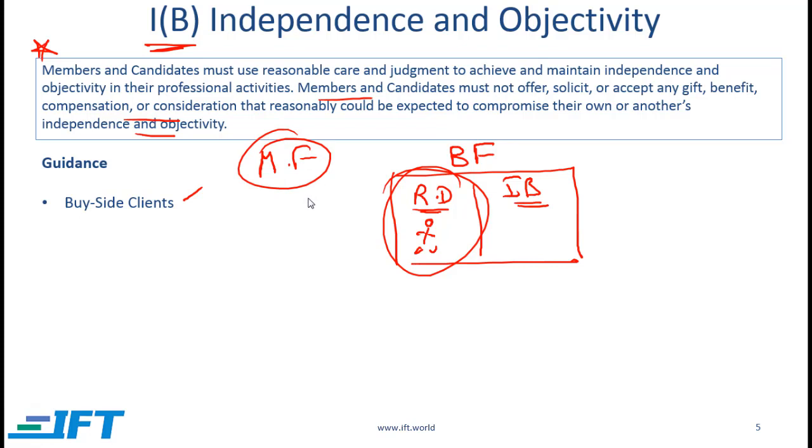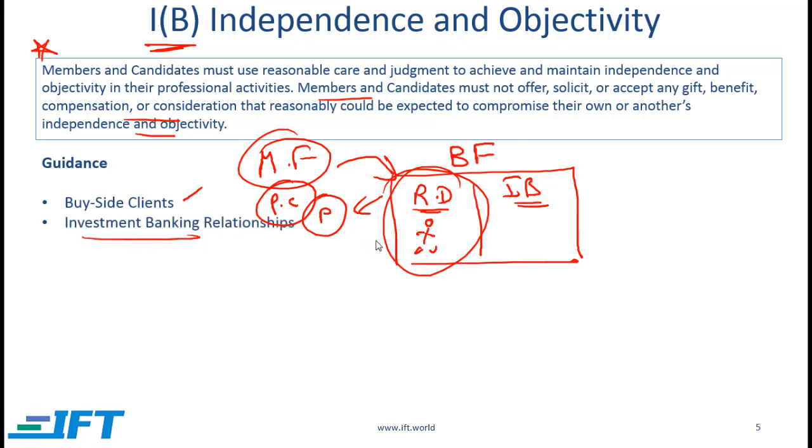So mutual funds obviously have large holdings. Say there is a particular mutual fund that focuses on pharmaceutical companies, and say that this particular mutual fund has a large holding of Pfizer stock. Pfizer is a major pharmaceutical company. Now, obviously, this particular buy-side client, the mutual fund, would not be too happy if you publish a report with a negative view on Pfizer stock. So potentially they might try to influence you to write favorable reports.